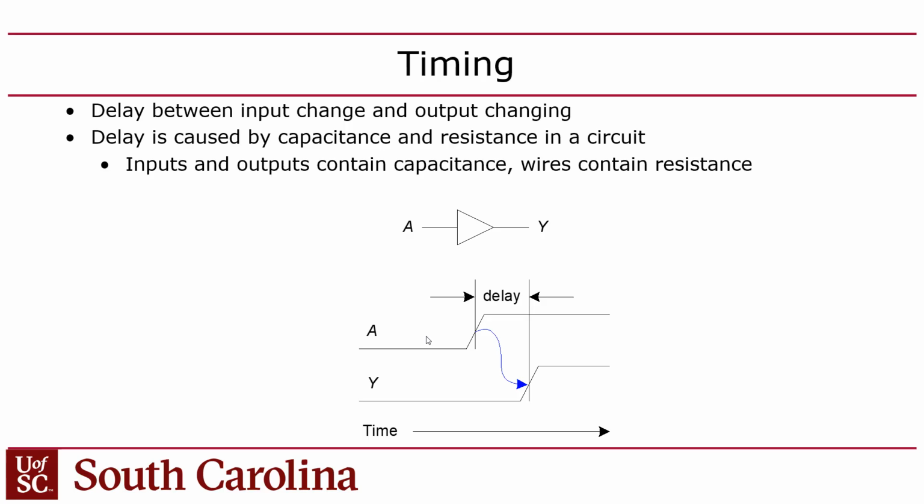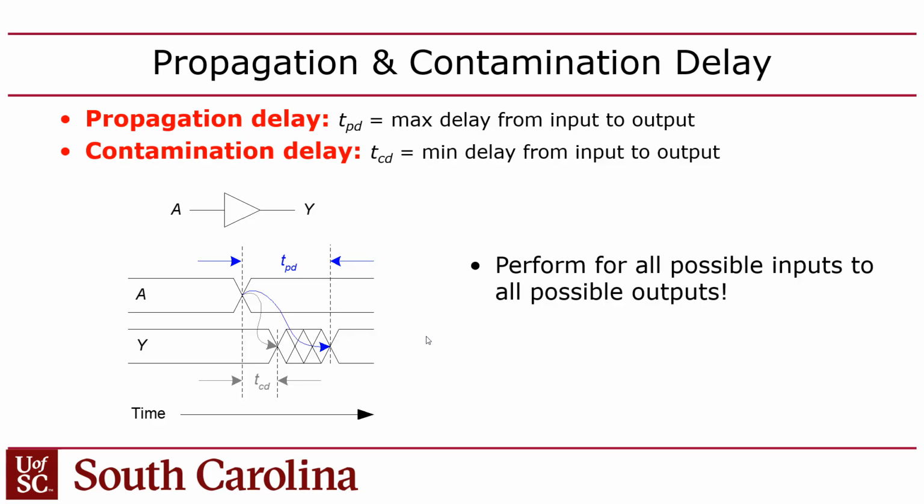But if you measure the time delay between the midpoint of the input transition to the midpoint of the corresponding output transition, that's often called the propagation delay, right? That's how long it takes for the input to trickle through the circuit and get to the output. So that's the propagation delay. More specifically, it is the maximum amount of time it'll take.